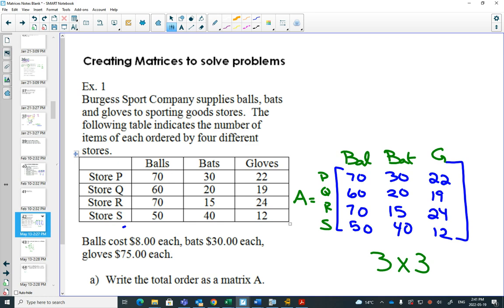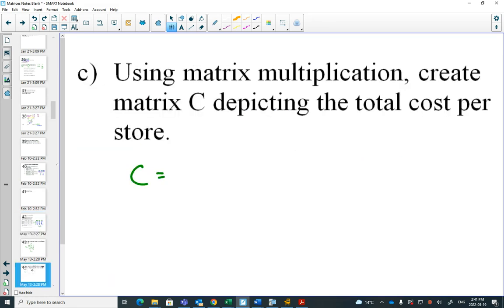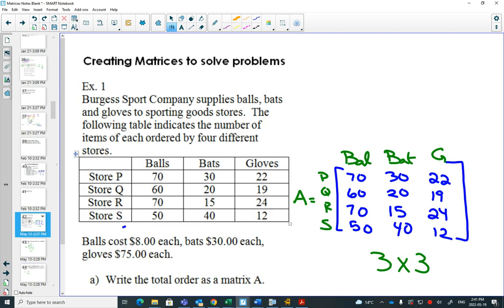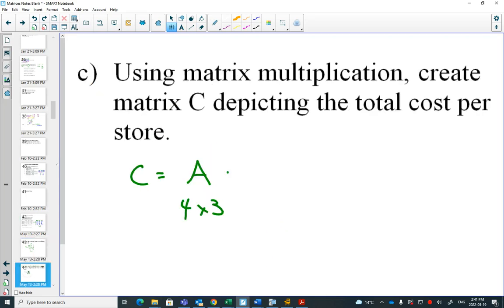So the only way I could multiply them together is A, which is a 4 by 3, and B, which is the 3 by 1.